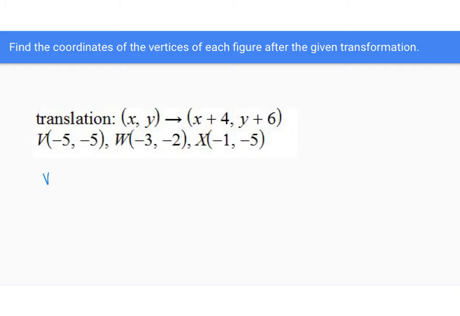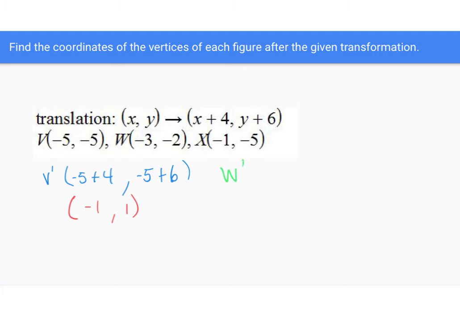For my V prime, I would take -5 and add 4, and I would take -5 and add 6. So my V prime would be -1, comma 1.